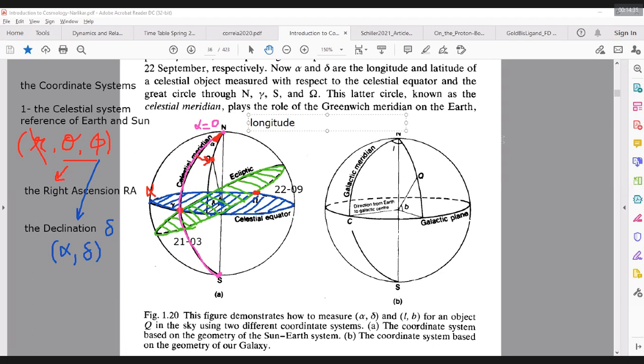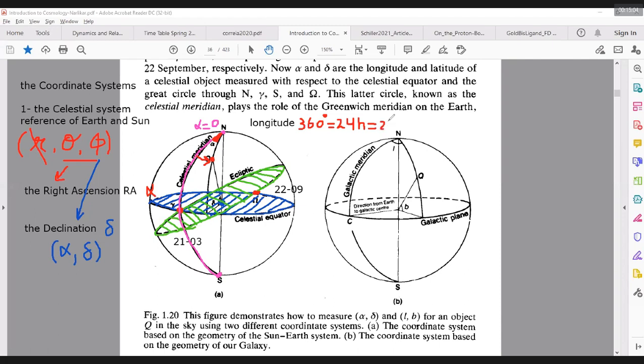Just like your longitude, the alpha could be measured in degrees. For round the sphere, this is 360 degrees. That can also be measured in hours, which equals 24 hours. And that could be measured in minutes.